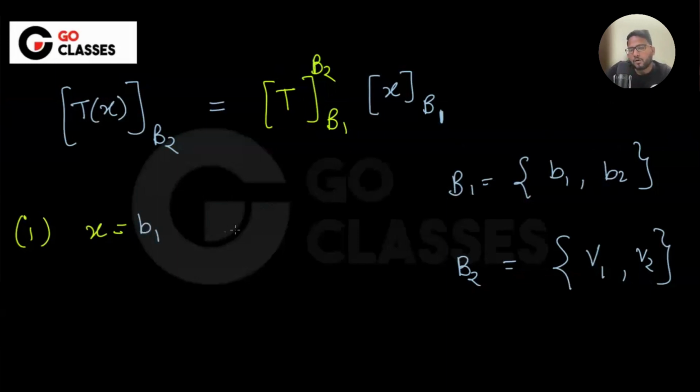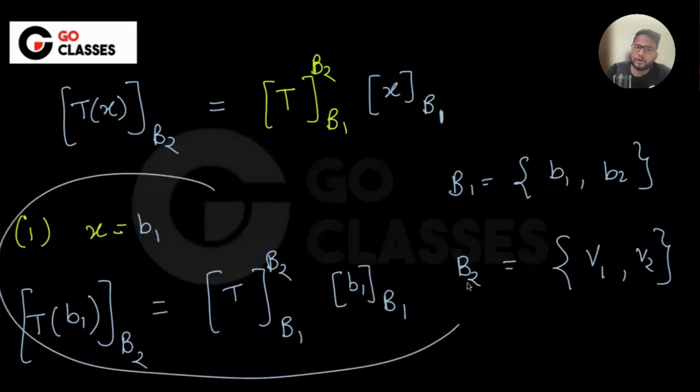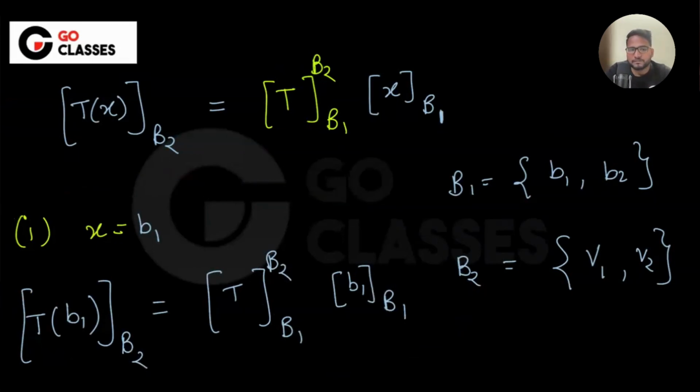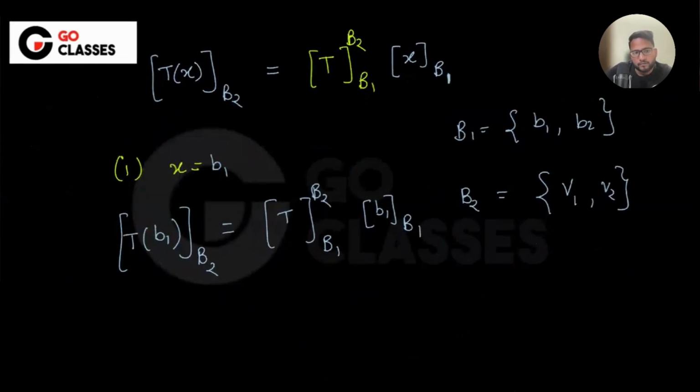Can you tell me how all of this will look? This will be the transformation of b1, and then I take the coordinates with respect to basis B2. This T is something I'm looking for. Currently I don't know it, it is a mystery. Now this is b1 with respect to the basis B1. If I put x equal to b1, is this equation fine? Now can anyone tell me this is for sure 1 0?